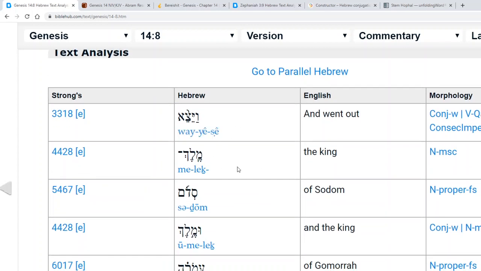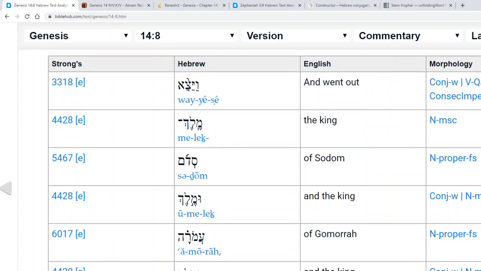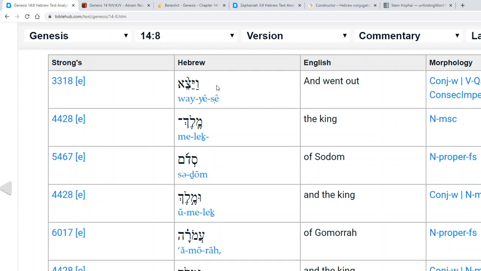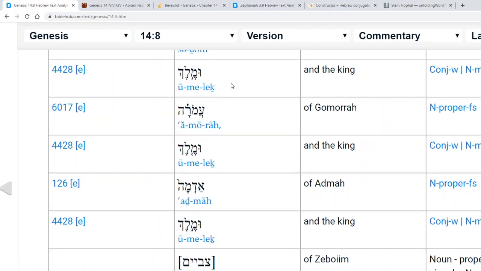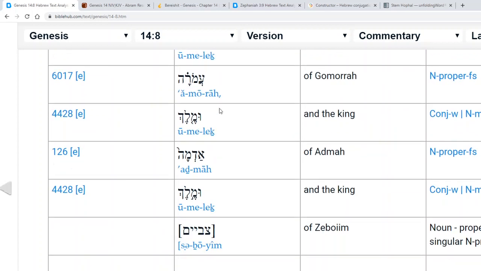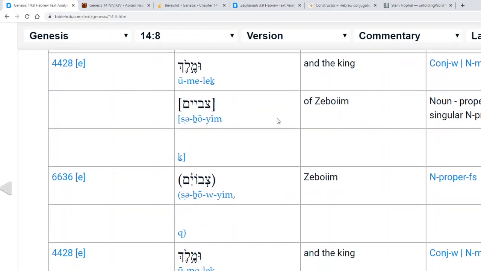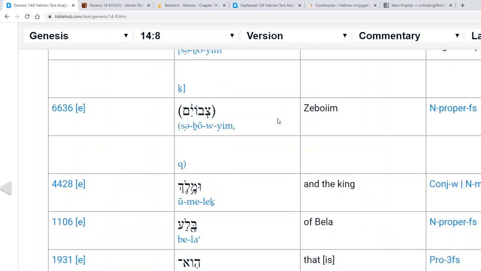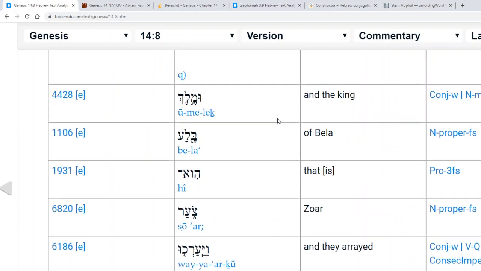So went out the king of Sdom, right? I'm a little confused why it's not in the plural, Vayetzu, right? But it's in the singular. And went out the king of Sdom, and the king of Amora, and the king of Adma, and the king of Tziboim, and like before, Tziboim is said a little bit differently than how it's written. Umelech Bela, and the king of Bela, Hitzor.